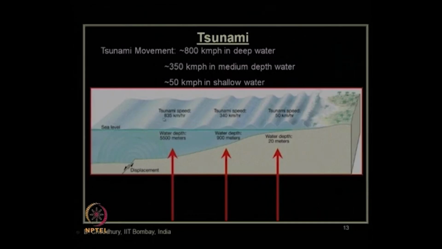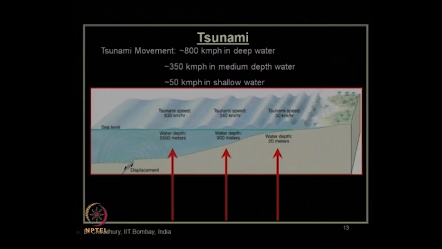The energy flux is proportional to the multiplication of speed and height. So, if one component decreases, that is speed, automatically the height has to increase when the tsunami reaches the coast.